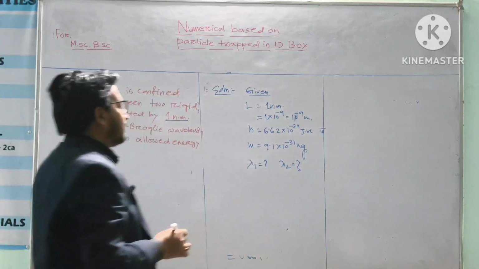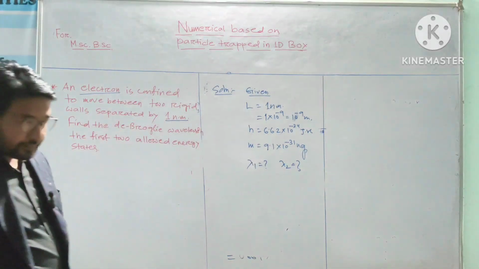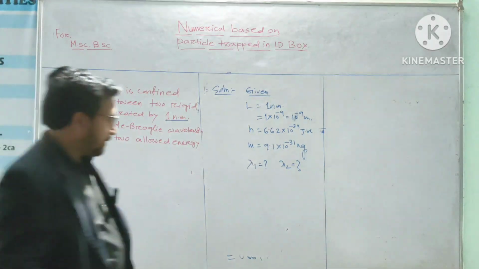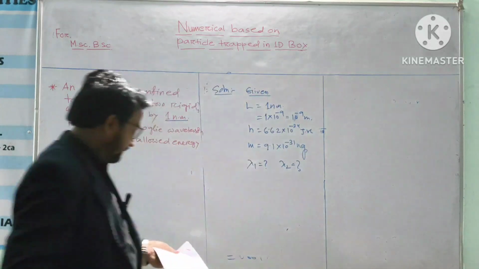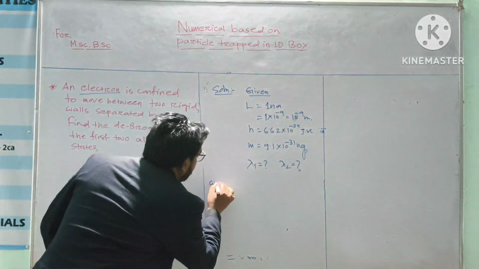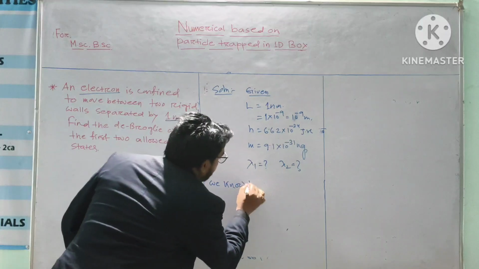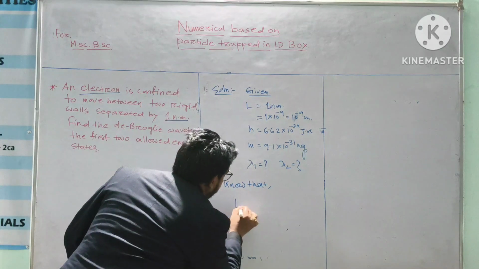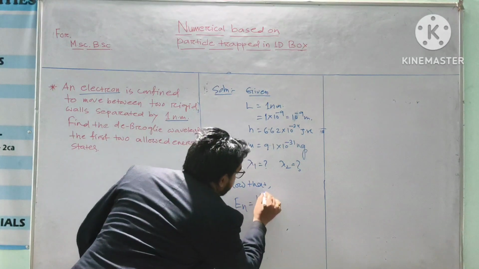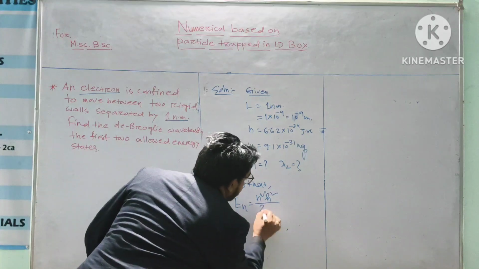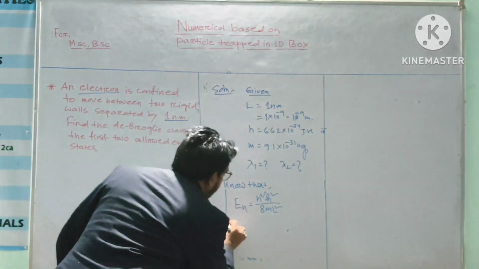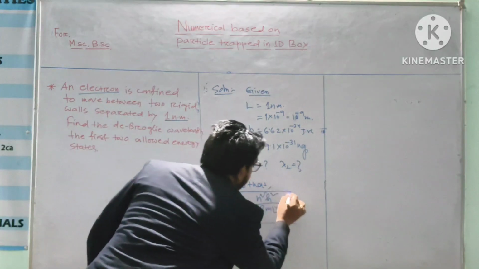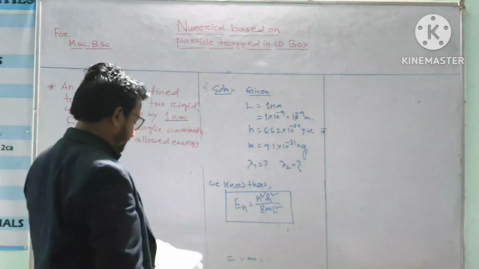Now we know that En equals n square h square divided by 8 m L square.